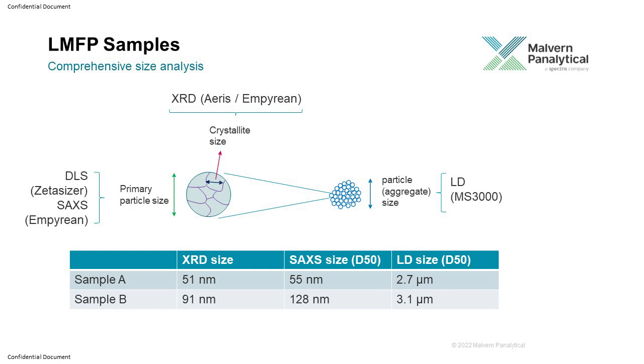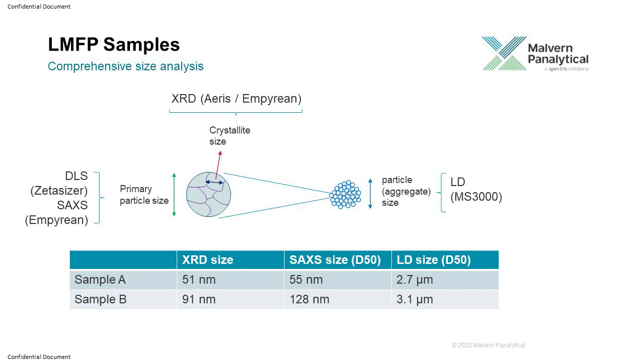So we have different techniques. Here you can employ laser diffraction, Mastersizer 3000. Here we offer DLS or small angle X-ray scattering on the XRD platform itself. And for this, you can use the XRD. These were the two samples that we measured: the XRD crystallite size, the primary particle size given by small angle X-ray scattering, and the aggregate size.